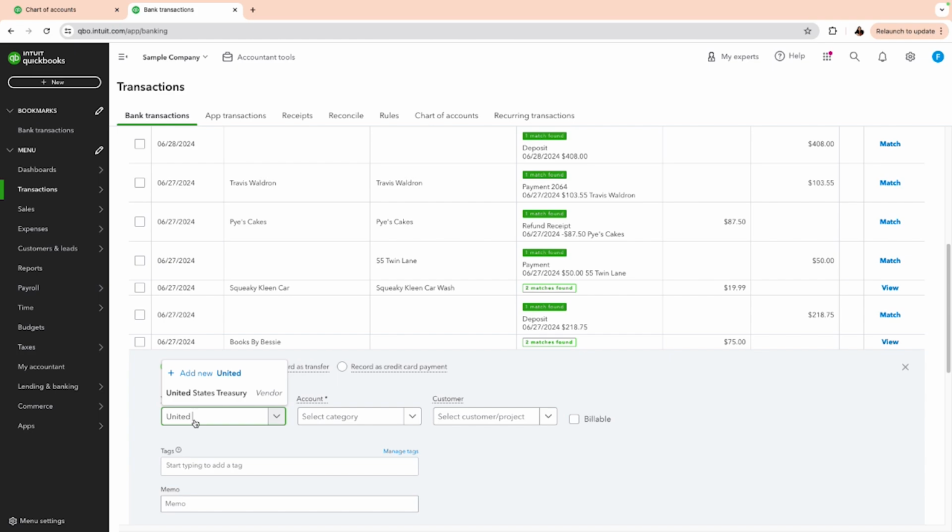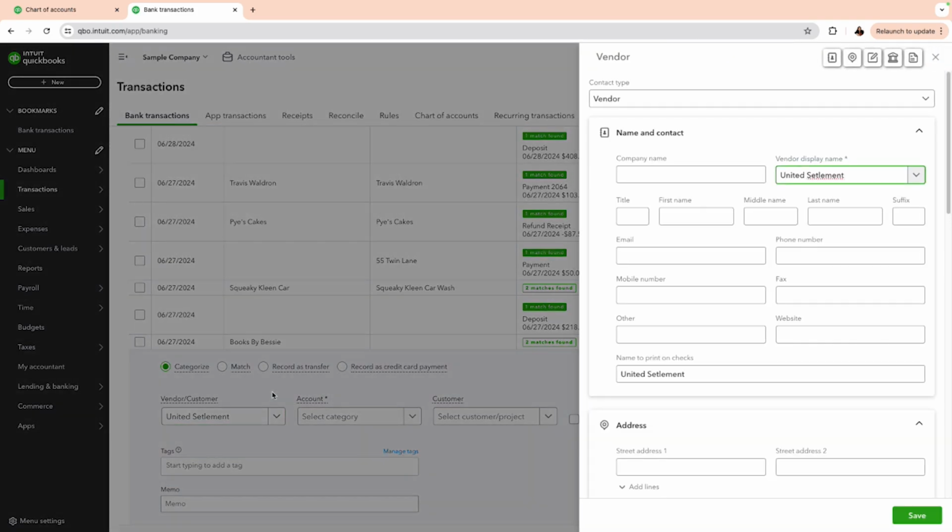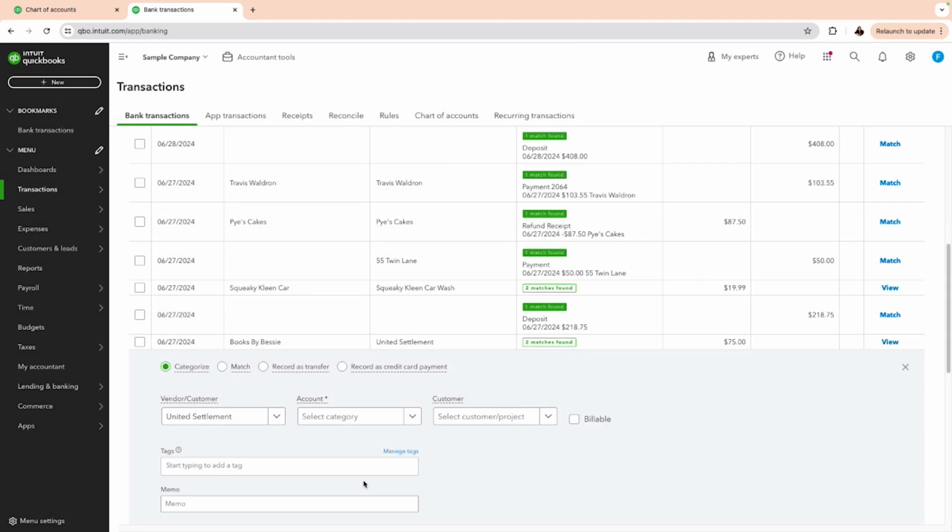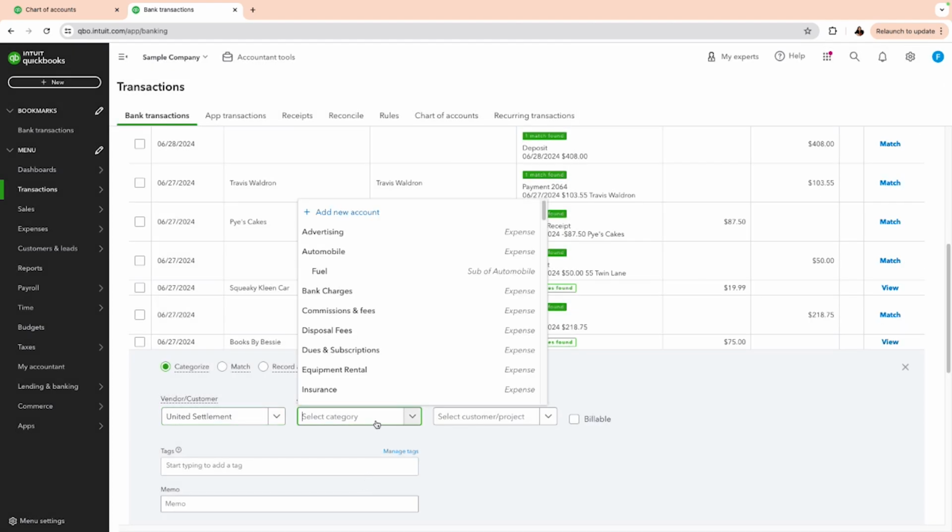It could be so many things, so many expenses. It could be shipping, or whatever cost it is. United Settlement, that's the name of the company I'm paying. Okay, maybe it's for some kind of professional service or whatever it is.